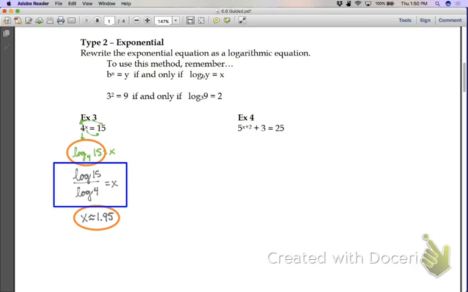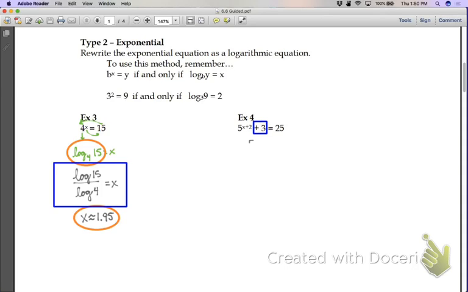Now, on 4, like I said earlier, before you do anything, you have to move this 3 over to the other side. I understand that 5 and 25 can make the same base. But the problem is you have that plus 3 on the left side, so you have to move everything else over to the other side.